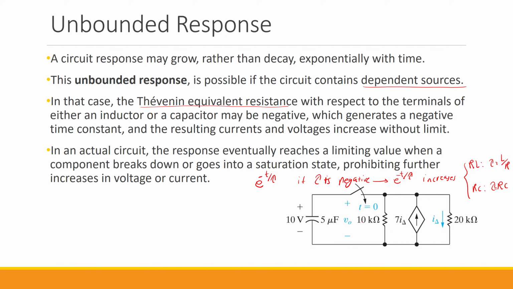The circuit contains a 10 kilo ohm resistor, a current controlled current source, and a 20 kilo ohm resistor. The current controlled current source has the equation 7I delta, where I delta is the current that goes through this 20 kilo ohm resistor. So let's find the Thevenin equivalent resistance of this circuit.